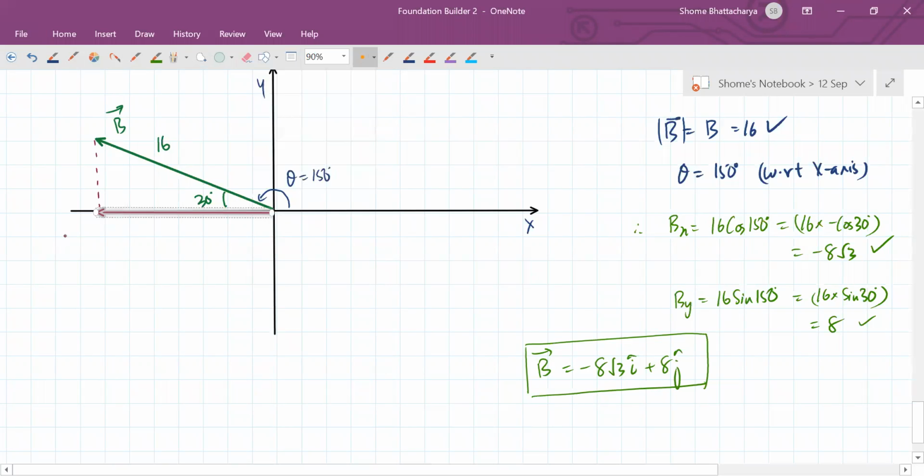So the x component of B is minus 8 root 3 because it's pointing along the negative x direction. And similarly, when we drop a perpendicular on the y-axis, आपको दिख रहा है यहाँ पे ये पॉजिटिव डायरेक्शन में. That's why we got the component as positive 8. And that's why the vector B expressed in component form becomes like this.